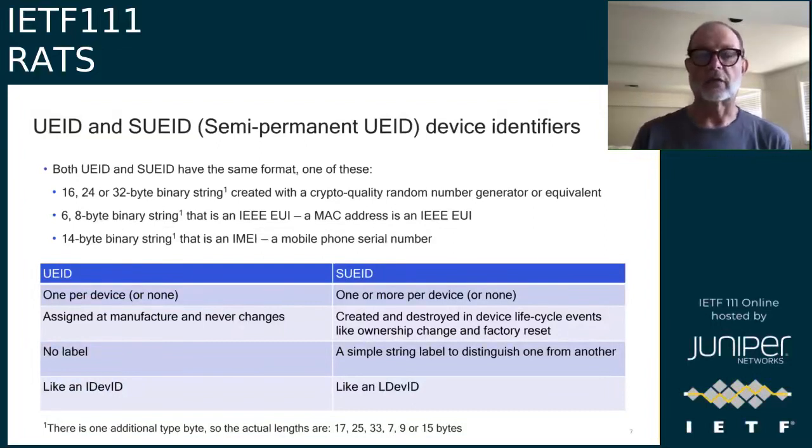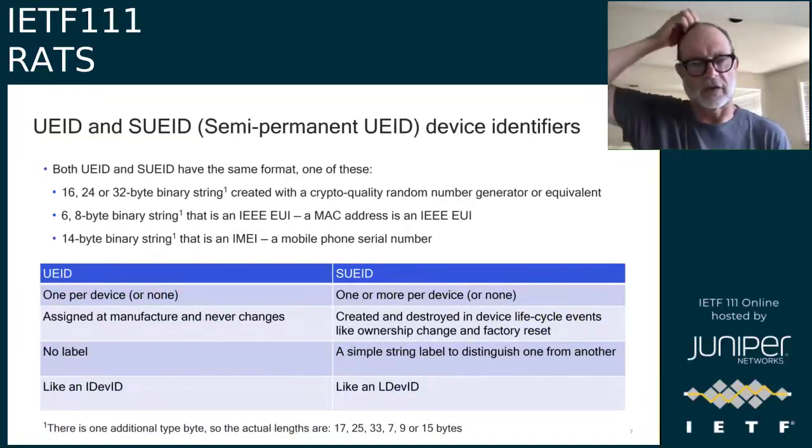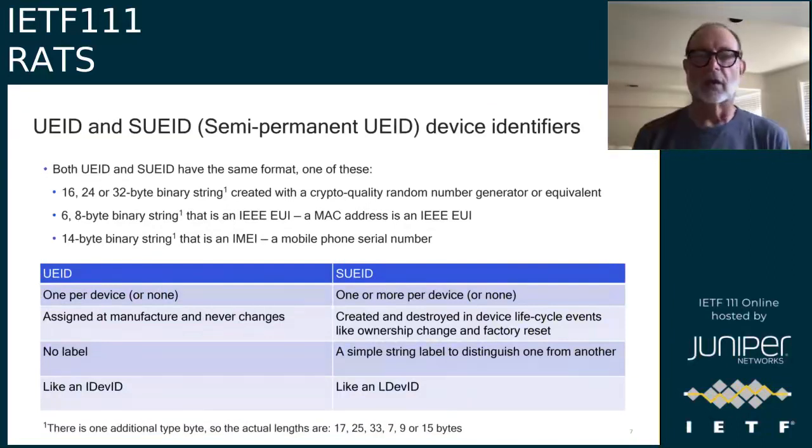Then I went and read the IDEV ID spec. I think that's IEEE 802.1AR, secure device IDs. I don't remember if I got the right IEEE number there, but that has an IDEV ID and LDEV IDs.